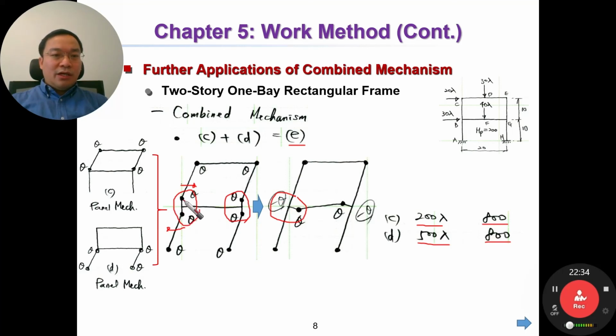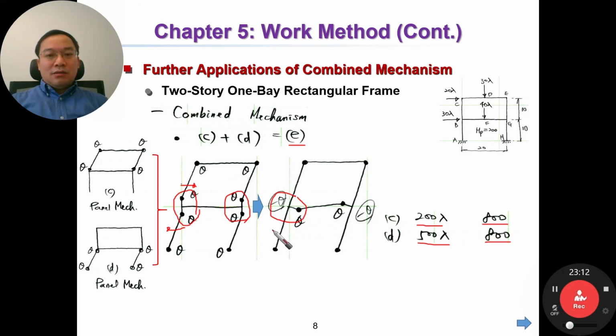Here we have two hinges, but now it becomes one hinge. So one hinge is cancelled. So we have minus one hinge, minus one theta. Similarly, with this joint, it becomes one hinge at beam. So one hinge is cancelled also. The total of two hinges is cancelled, and the hinge now occurs at beam.